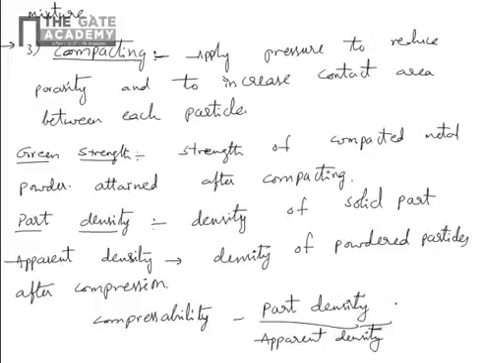If the powders are very fine, then it is greater than 10 or so. If the powders or particles are very big in size, then the apparent density will be less, so the value is 3 or less than 3, somewhere around 1 to 3.